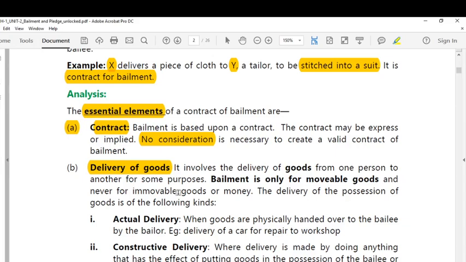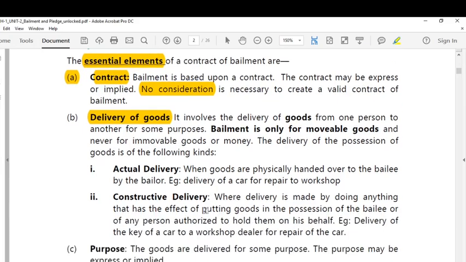The delivery of the possession of goods is of the following kinds. Actual delivery is when goods are physically handed over to a baili by the bailor. Delivery of a car for repair to a workshop.